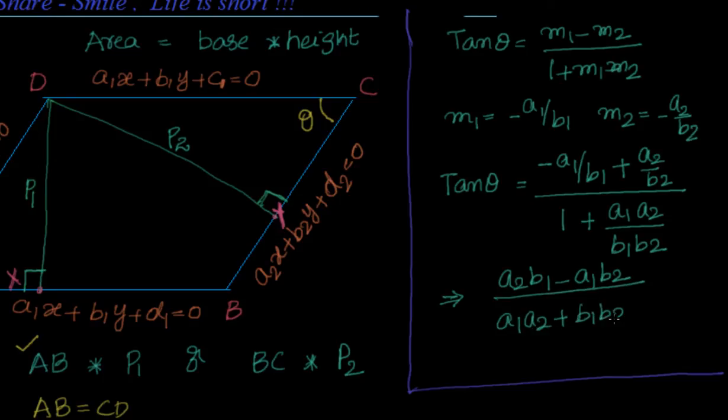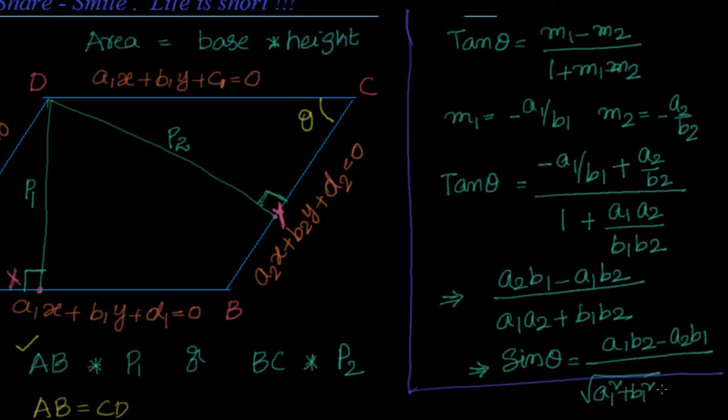Now once we have tan theta equal to this, you can easily prove that sin theta equals a1 b2 minus a2 b1 divided by square root of a1 square plus b1 square into square root of a2 square plus b2 square.